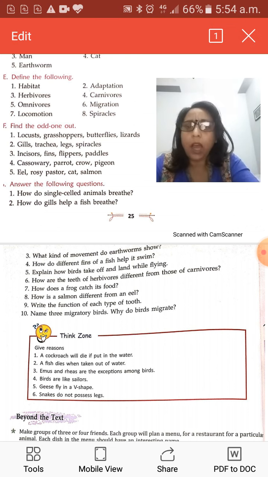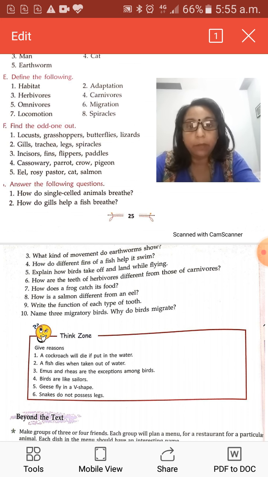Next question is, how do gills help a fish breathe? If you have observed a fish, many times, I think in an aquarium also, on both sides of the head there are two flaps, and inside these flaps there are gills. If we open the flap, we can see a red muscular portion, and many filaments in this portion.